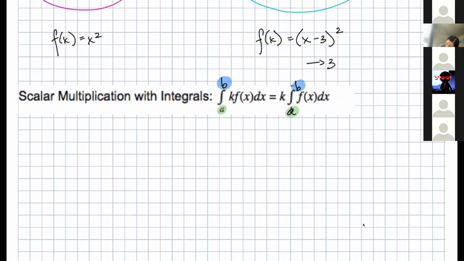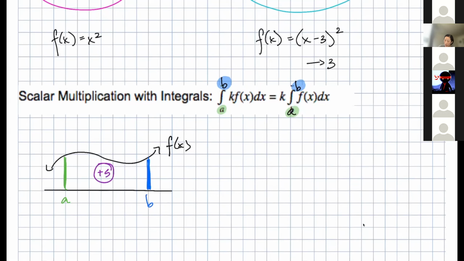And so if we imagine that we have just some function f of x, and I want to start at A, and I want to finish over here at B, and I have this area, and let's maybe say this has an area of +5, okay?